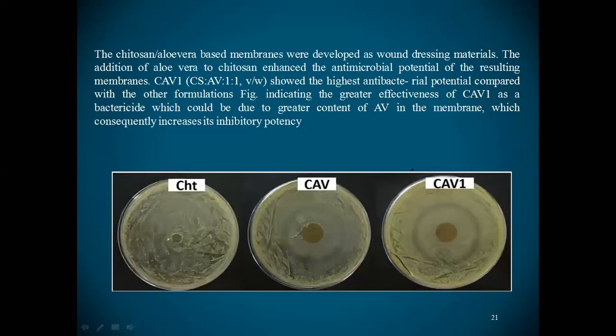This is the zone of inhibition: the first picture is the chitosan alone, and the chitosan aloe vera composite in 1:1 ratio. In the third picture, chitosan aloe vera 1:1 ratio showed a larger zone of inhibition compared to the chitosan aloe vera and the chitosan alone.